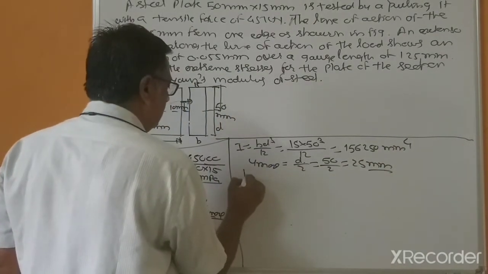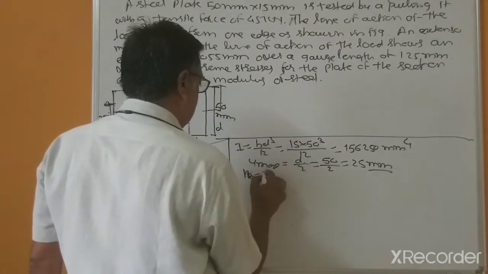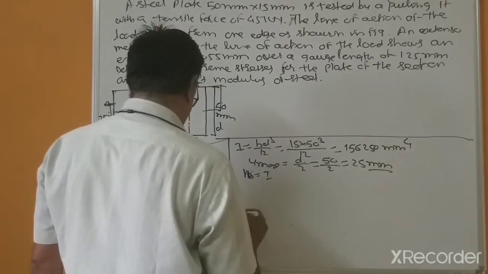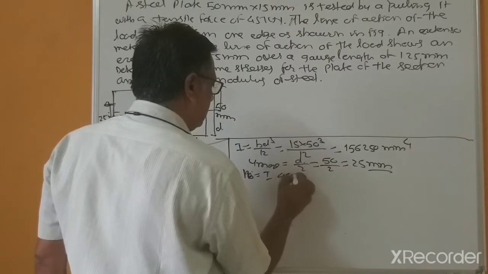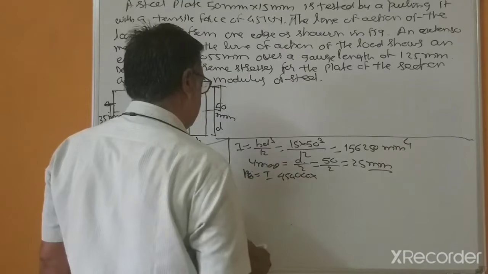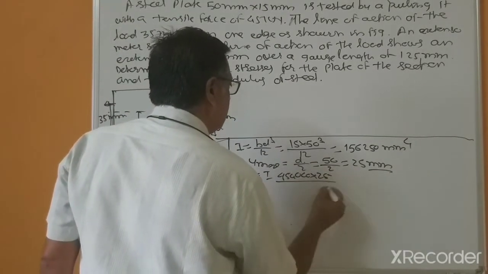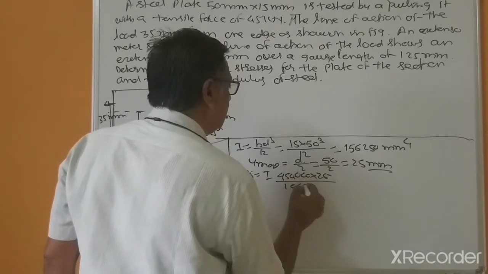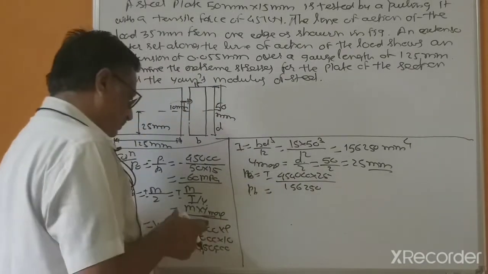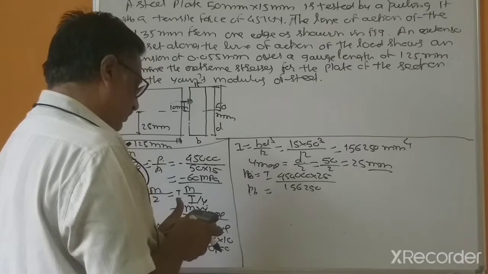That's why PB equal to plus minus M, 4,50,000 multiplied by 25 divided by 156,250.